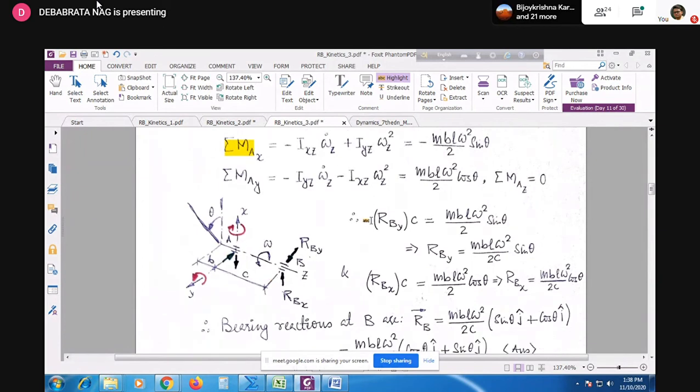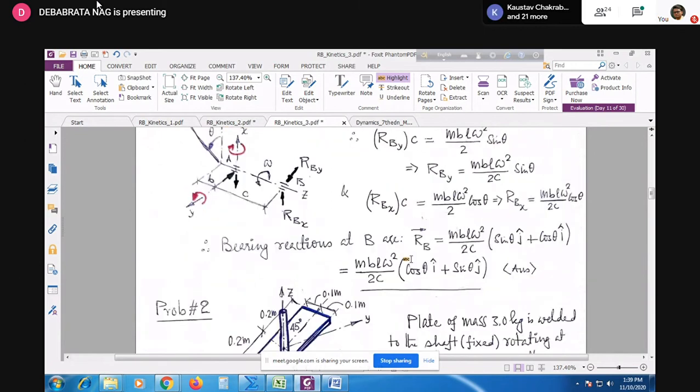Now you simply take যে আমরা পয়েন্ট সে ধরো a পয়েন্টের about এ I write your moment equation. So I just find out, কারণ আমাদের এইখানে bearing reaction গুলো এখানে বার করতে বলেছিল By আর Bx. So I simply find out the bearing reactions RBY and RBX from these.